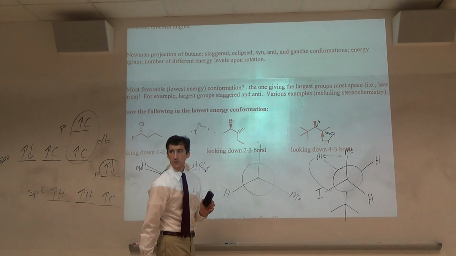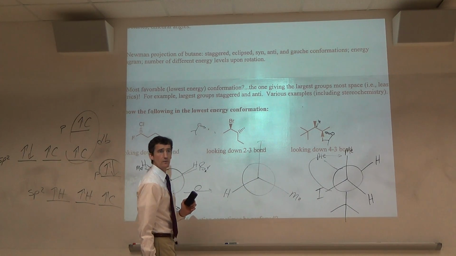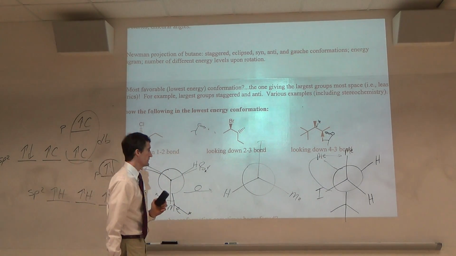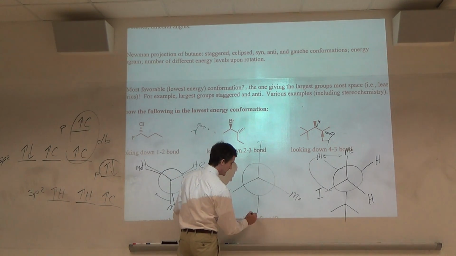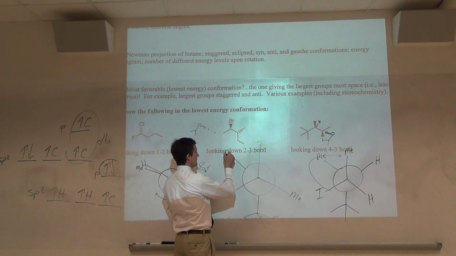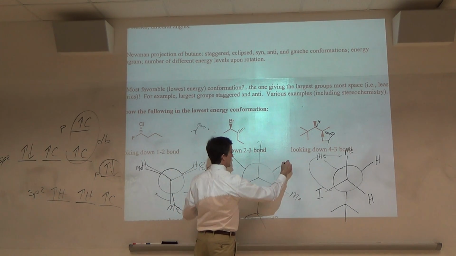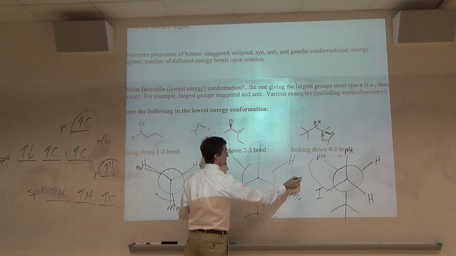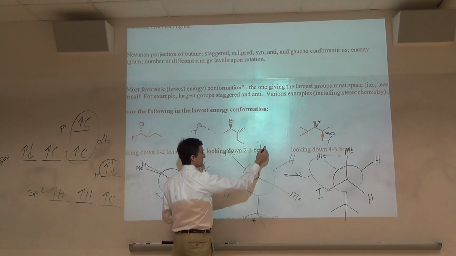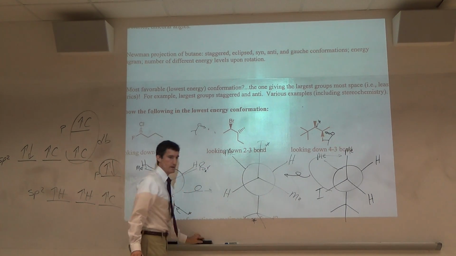How many degrees did we turn the front carbon? Whatever, 120 degrees. Back carbon we're not going to change. The T-butyl is going to stay there. Methyl, H. And now we have our big groups, anti.